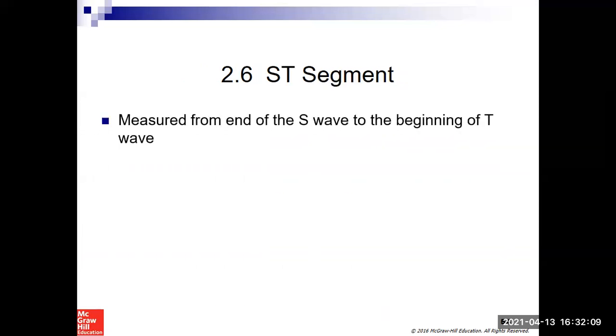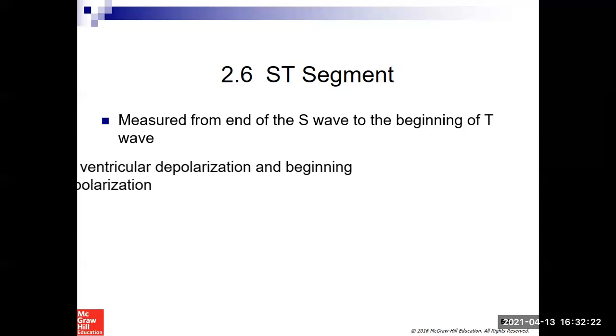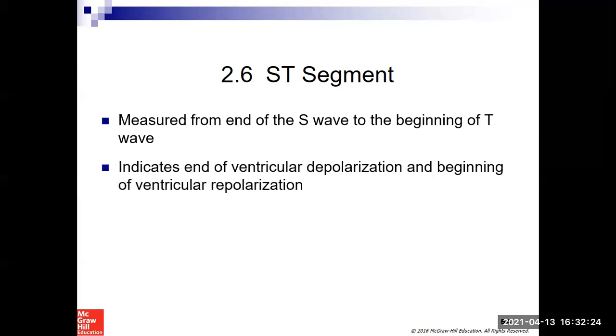Your ST segment is measured from the end of the S wave to the beginning of the T wave. If you need to, look in your book on page 44.